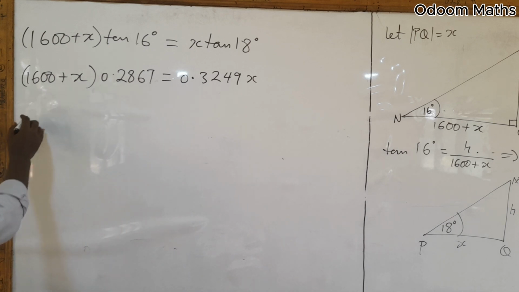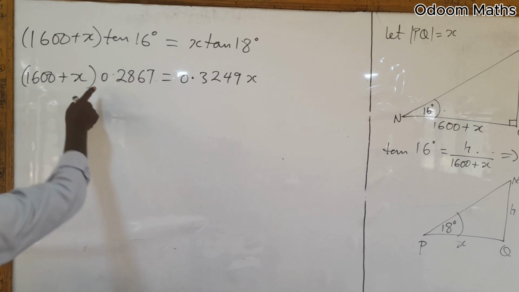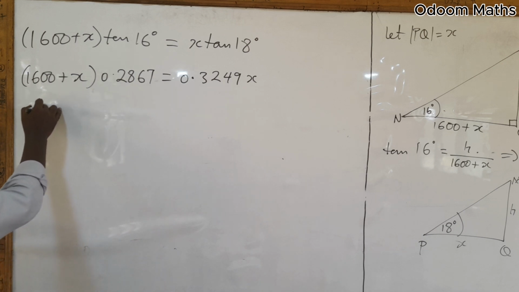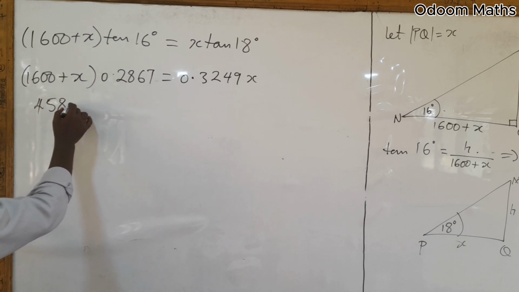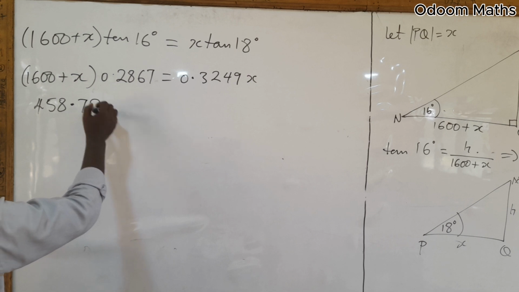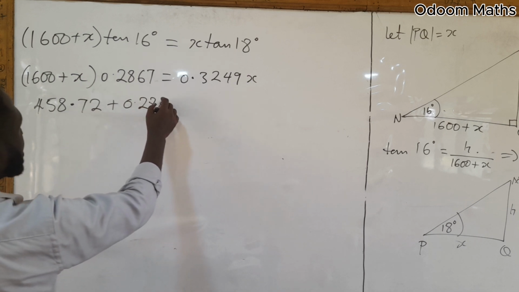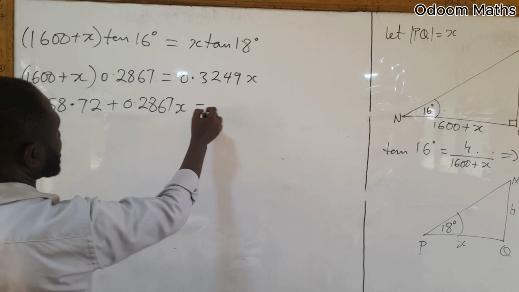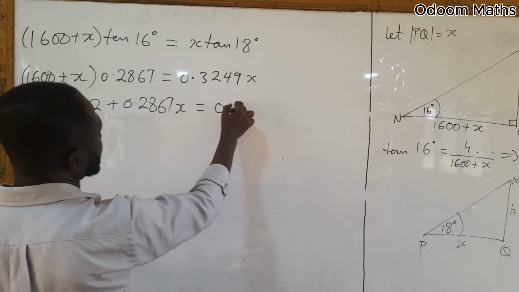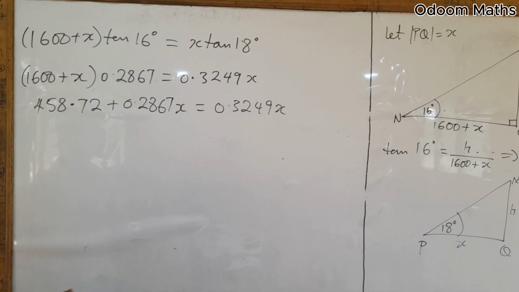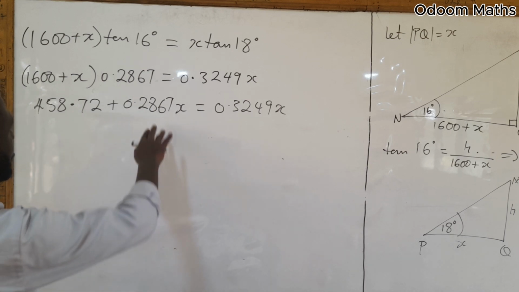Okay, so we need to expand the side. So this is going to give me 1,600 times 0.2867 is 458.72. Then times this one plus 0.2867x, and this is equal to 0.3249x. Okay, so we group the x's on one side. So let me move this one to that side.